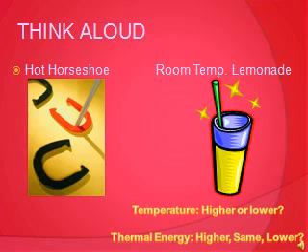For example, let's take 2 glasses of water. Glass A is half full, and glass B is completely full. Both glasses are at room temperature. However, the mass of glass A is less than the mass of glass B. Which of these glasses would you think have more thermal energy?